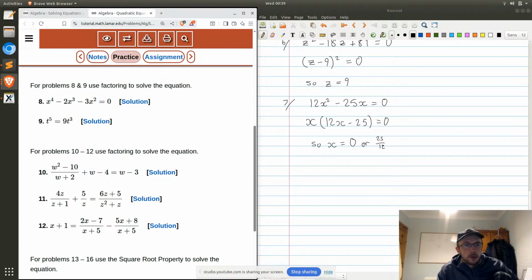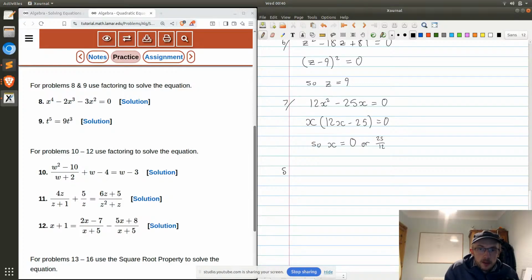we are to solve problems 8 and 9 using factoring as well. But these are somewhat a little bit different. Notice this is a fourth power of x. So I must factor out x squared. And then in the brackets, I will have x squared minus 2x minus 3 equals 0.